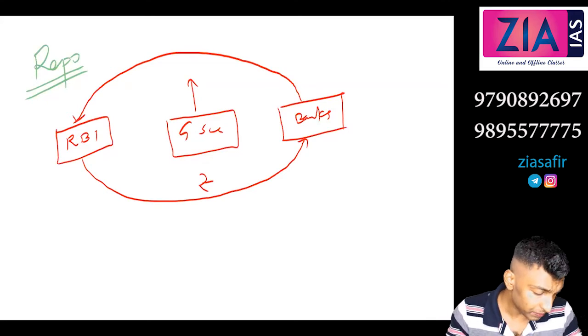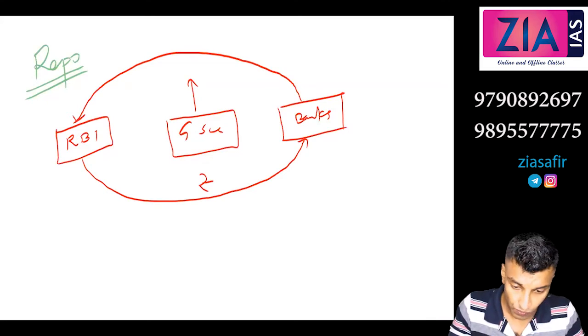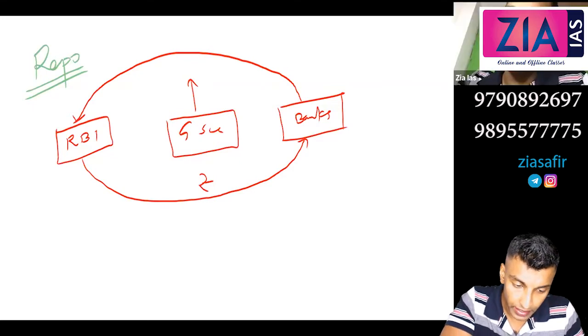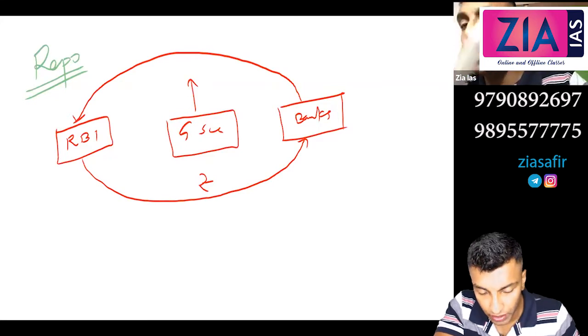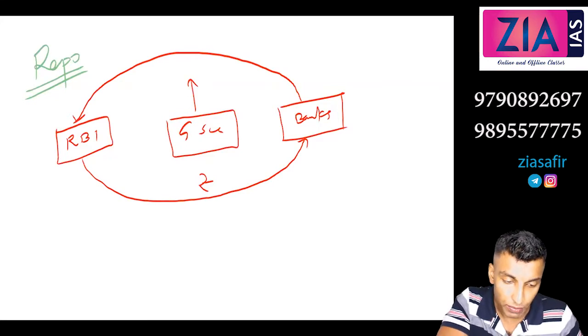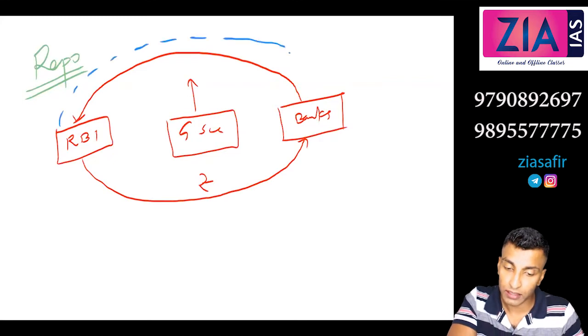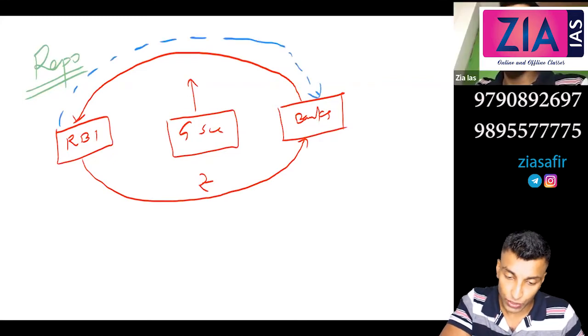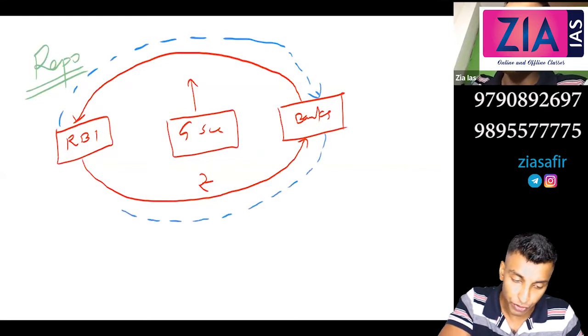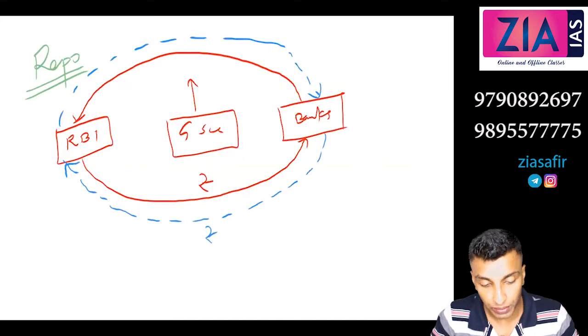The predetermined rate and date. At a predetermined rate and date, it has to be repurchased, right? RBI is buying the GSEC, but it has to be repurchased by the banks. When the banks repurchase it, the banks have to give money back to the RBI.